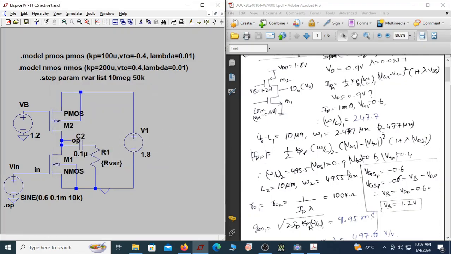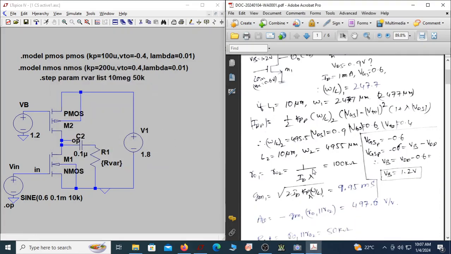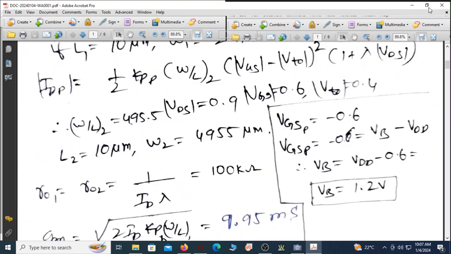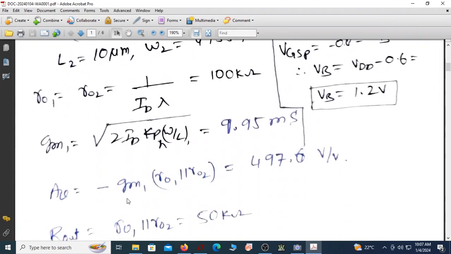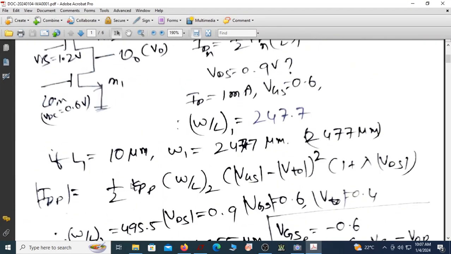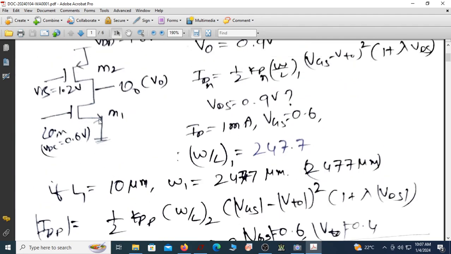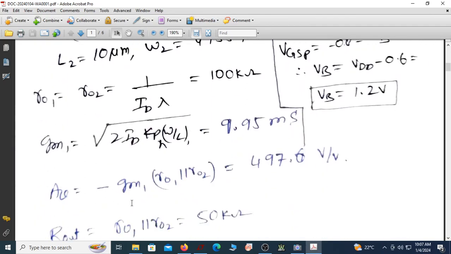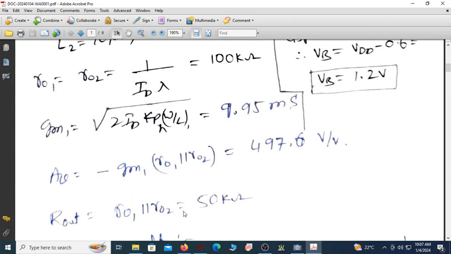So let us find out what the AV, the voltage gain, is for this circuit. As per the circuit, the voltage gain is minus GM1 into R01 parallel R02. That's the expression, and of course Rout is given by this.